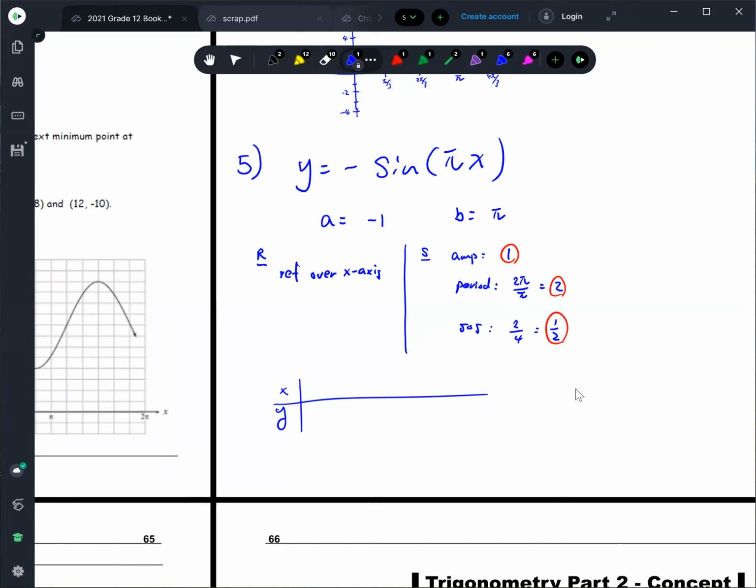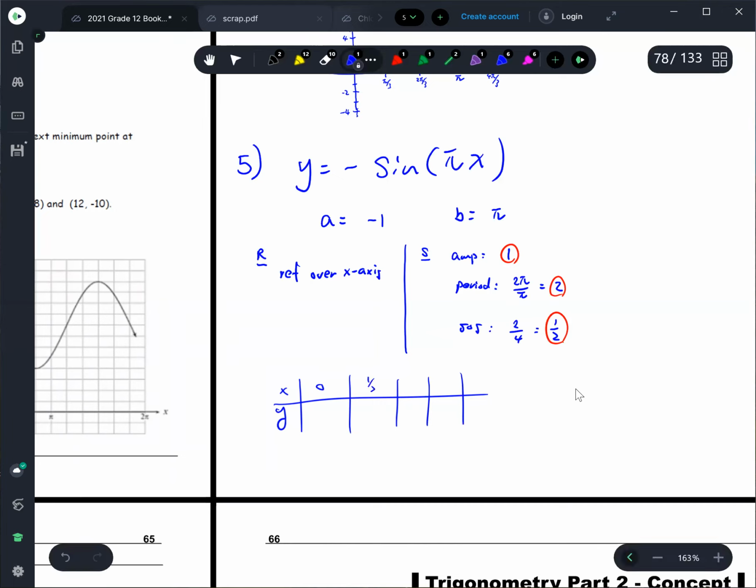The x is 0, then 1/2. Yeah, 1/2. And then 1, and then 1.5, and 2.